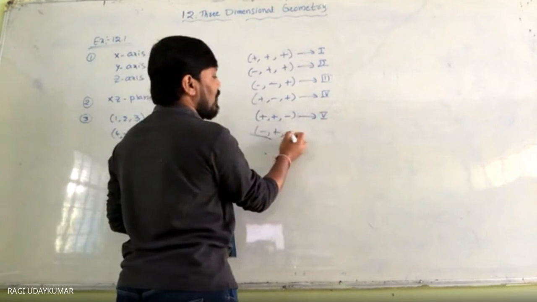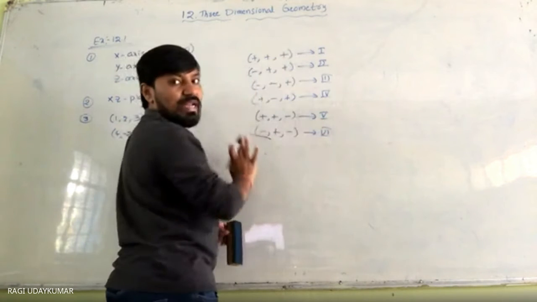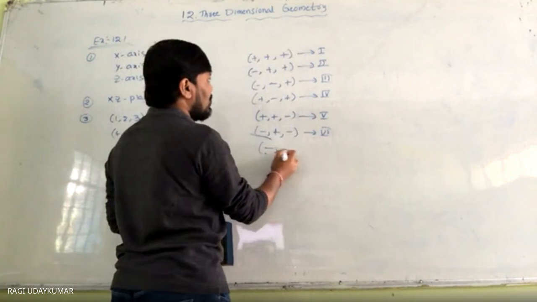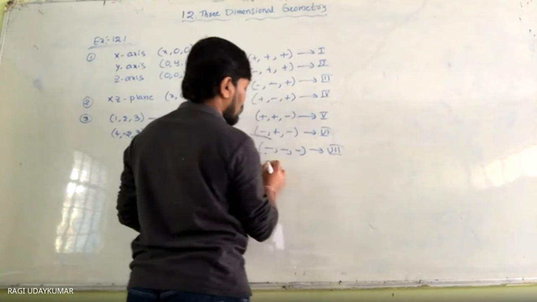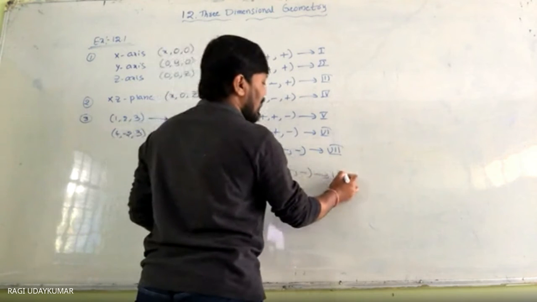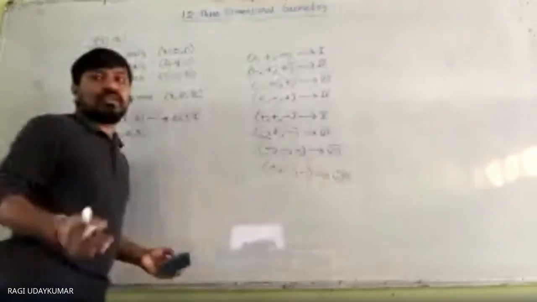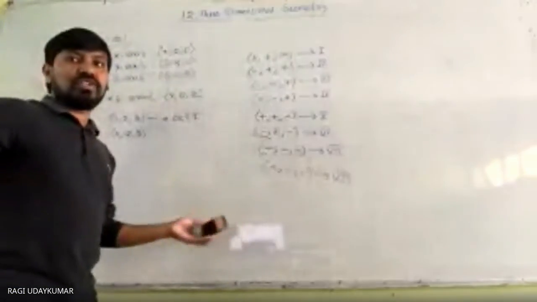Minus plus minus is the sixth octant. Minus minus minus is the seventh octant. Plus minus minus is the eighth octant. Based on this positive and negative, you can list them out.